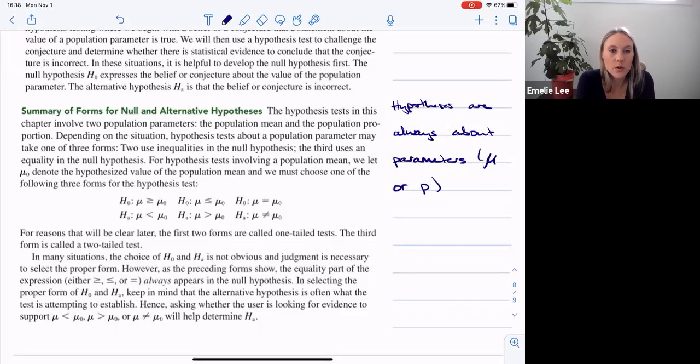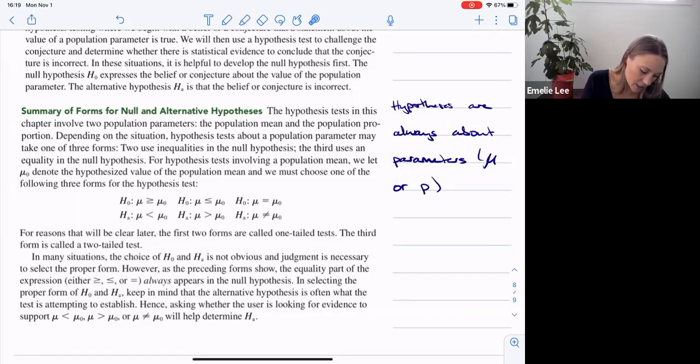What we can do is set up a couple of different statements here, but in each case, we're talking about the parameter mu and how it compares to some mu naught. Notice that the equality is always in the null hypothesis. So if we have mu is less than mu naught, then the null hypothesis, the statement of no change, is the opposite of that, where mu is greater than or equal to mu naught.